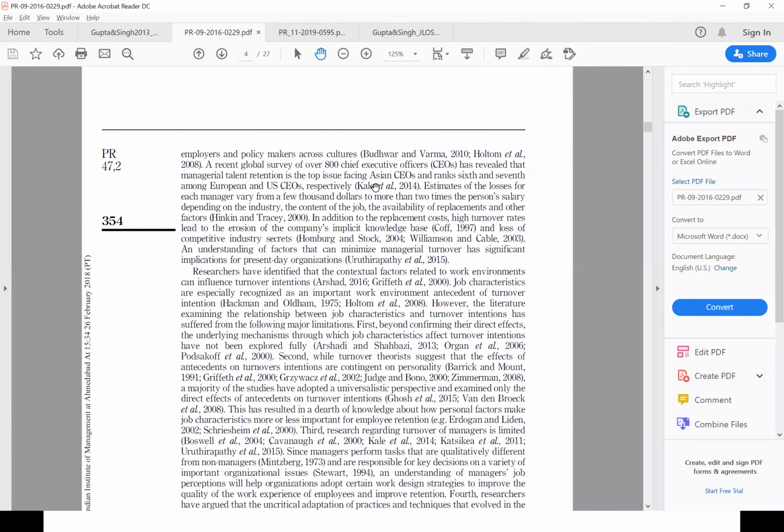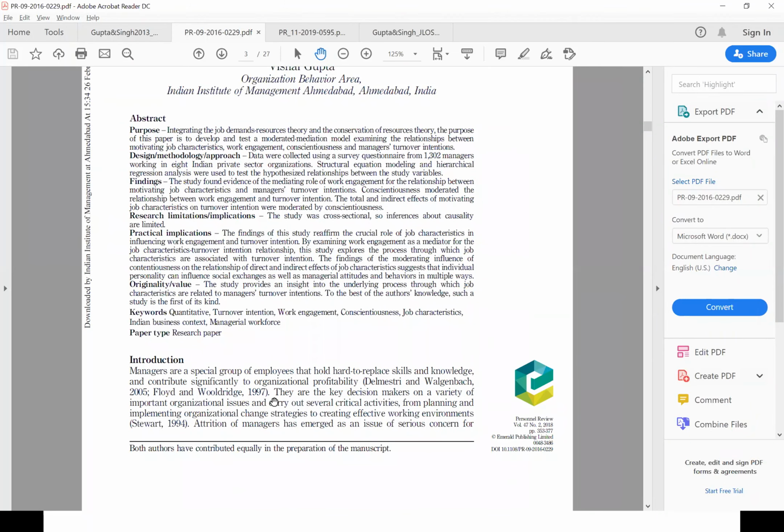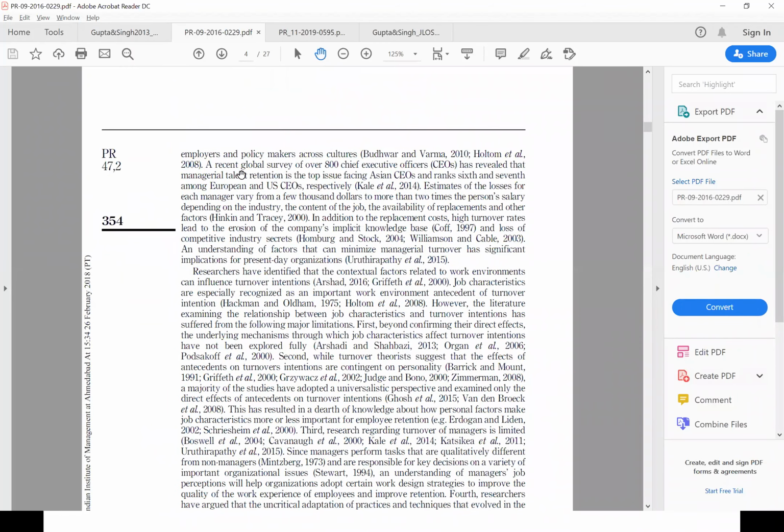So here, if you see, we are talking about how attrition of managers has emerged as an issue of serious concern for employers and policymakers. A recent global survey of 800 chief executives has revealed that managerial talent retention is the top issue facing CEOs and ranks 6th and 7th among European and US CEOs respectively.